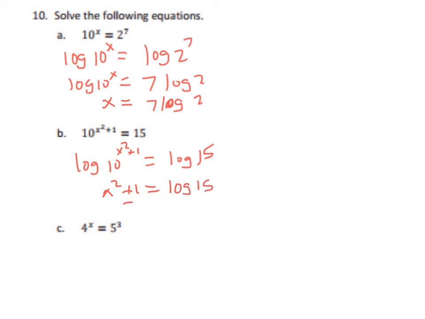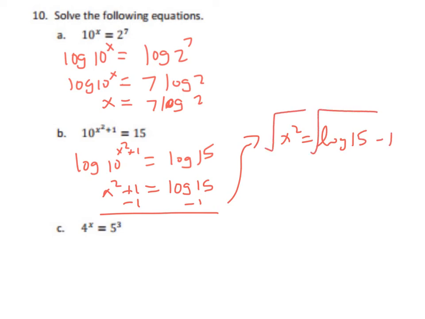What I will do is bring the 1 to the other side, minus 1. So now you've got x squared equals log of 15 minus 1. And then how do I undo squaring? I take the square root of both sides. Don't forget the plus or minus. So x equals plus or minus the square root of log 15 minus 1. Yuck. That is what it is.